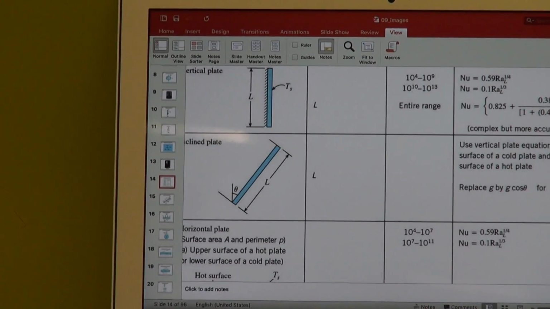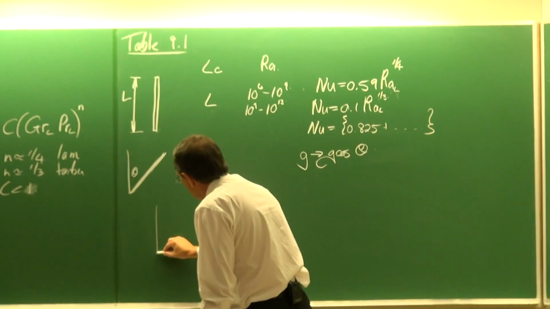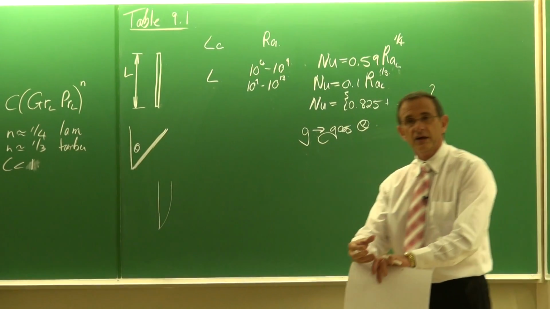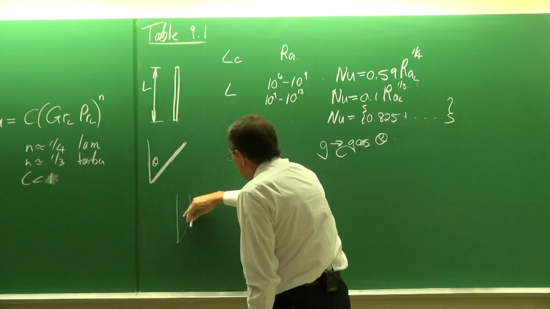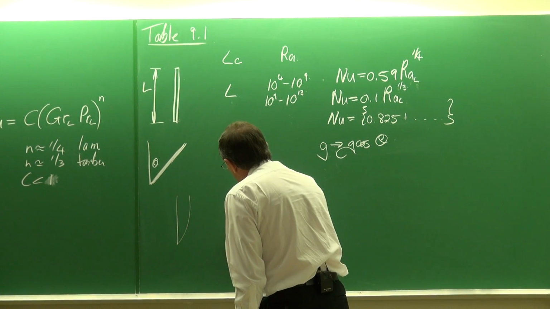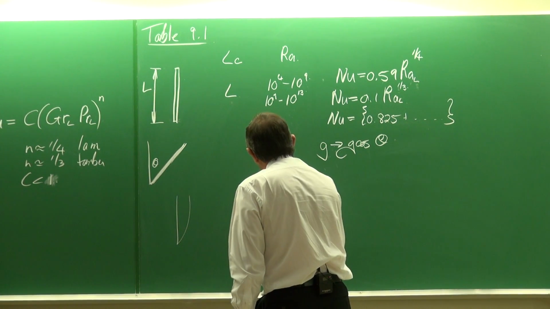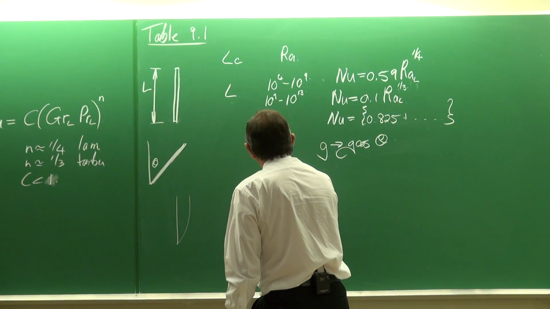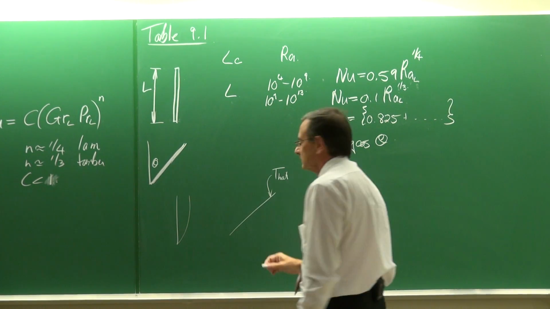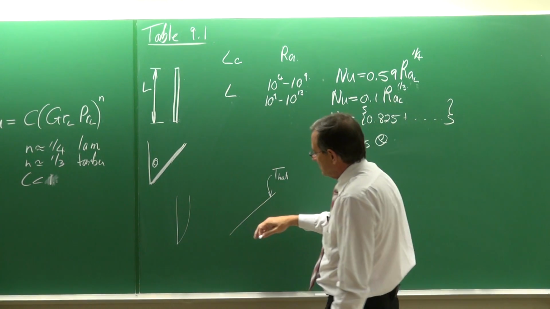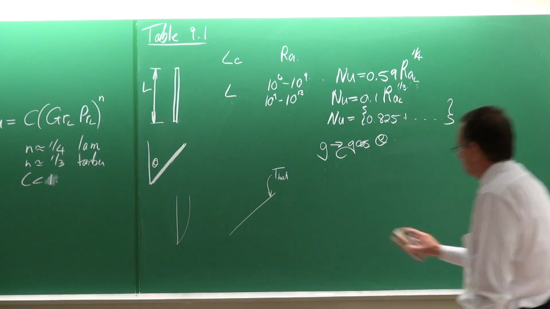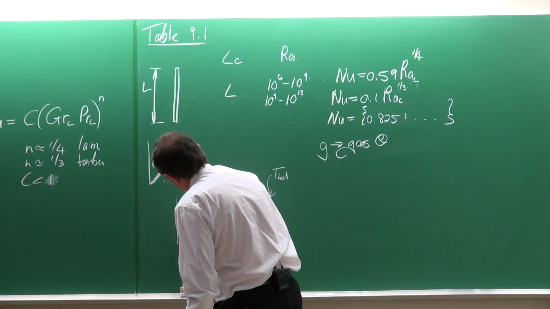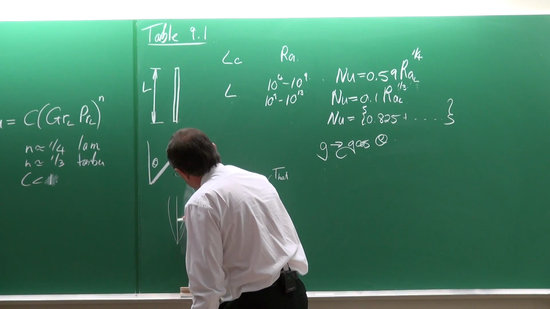What is going on here is that, remember, when we've looked at a vertical plate, we've said the boundary layer is going to develop like that. It's going to increase in thickness. Okay. Now, if we have a plate where that side is the hot side, let me rather put the thermal boundary layer on that side, and this side is insulated.